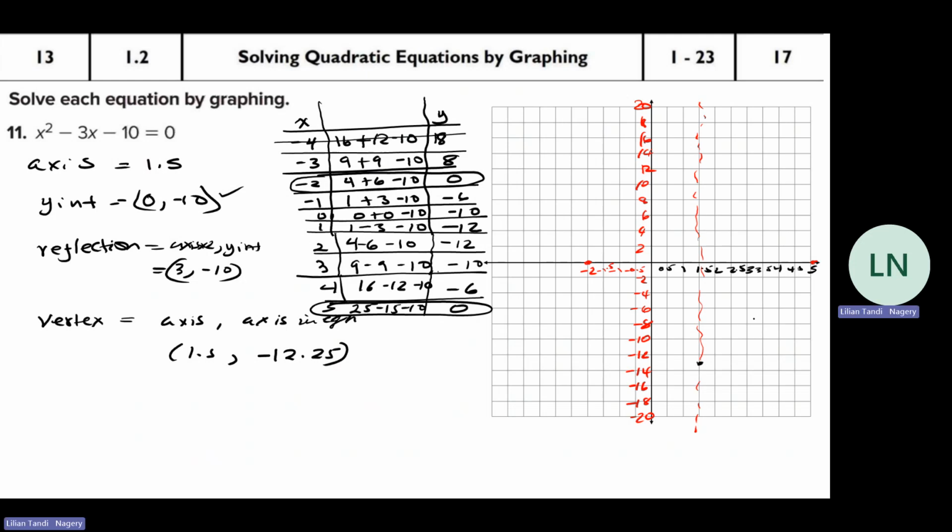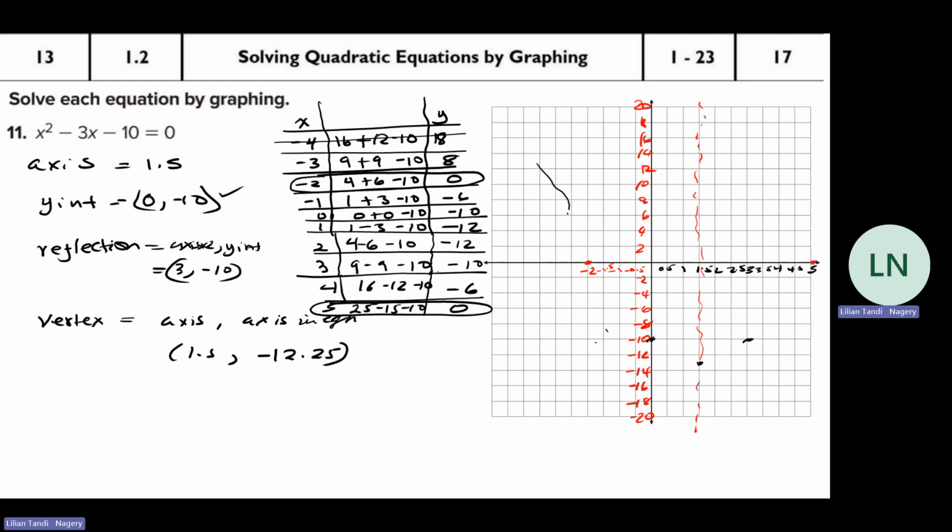Then your reflection is 3, -10. 3, -10 here. It's 3 boxes, so it should be here. 3 boxes. Zero, -10. Okay. And there's your graph.